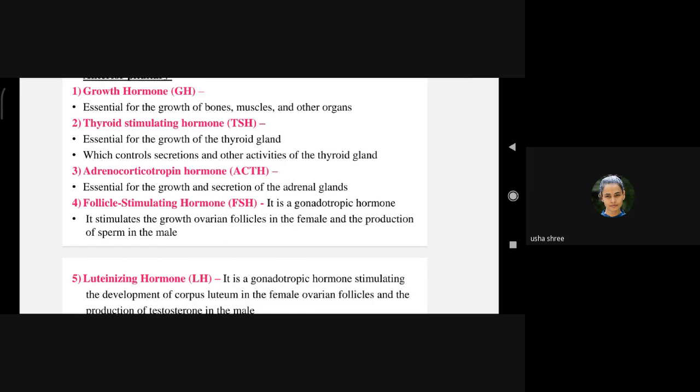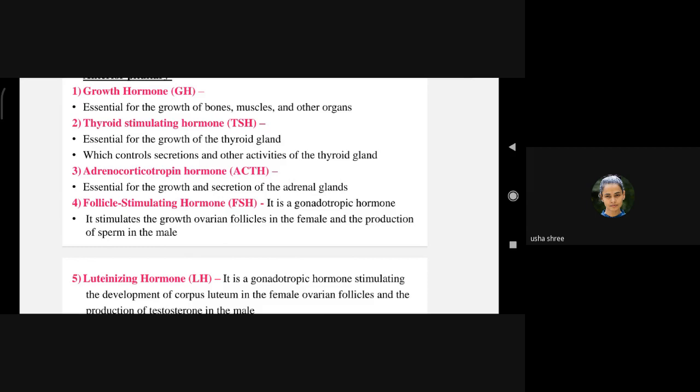So where were we? We were at the adrenocorticotropin hormone. So adrenocorticotropin hormone is going to adrenal gland, the cortex of adrenal gland, and those are producing cortisol. Next is follicle stimulating hormone. It is gonadotropic hormone. It stimulates the growth of ovarian follicles in the female and production of sperm in male.